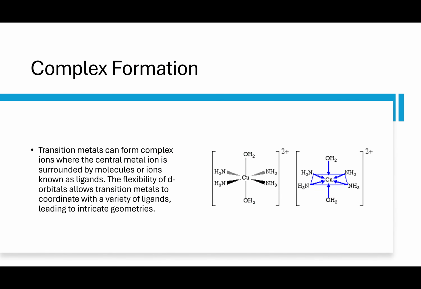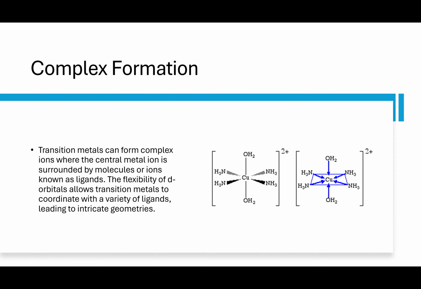Okay. So complex formation, this is another thing that our transition elements tend to do. They tend to form complexes, and these complexes are formed from a central metal ion, which is surrounded by molecules or ions known as ligands. In a separate session, we're going to speak about ligand exchange specifically with the interaction of iron and EDTA.